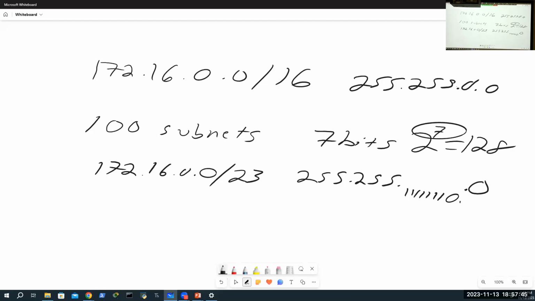If you were to put binary 1s in each of those positions, you'd get 254. So 1111110 in decimal is 254. So that's our new subnet mask, 255.255.254.0. So that means we have the entire fourth octet for host plus one additional bit.